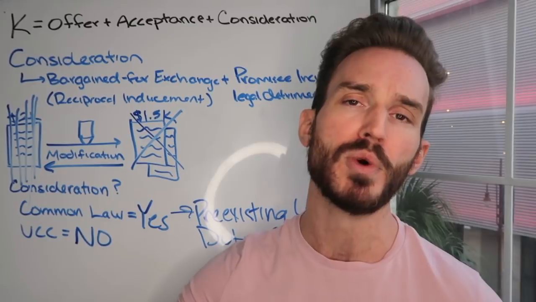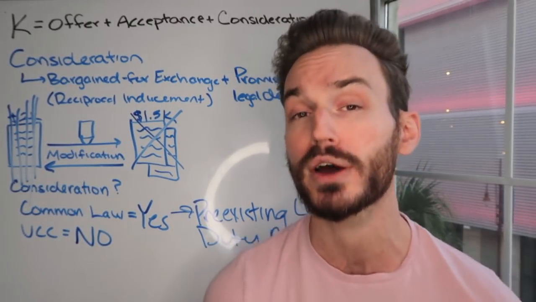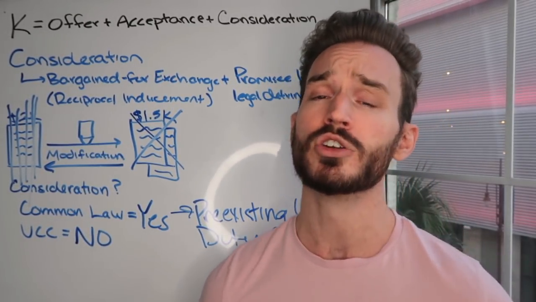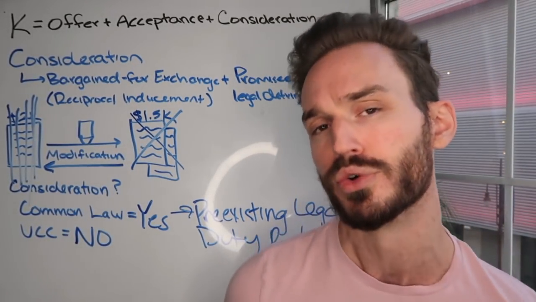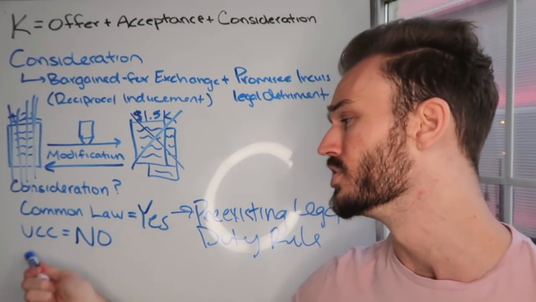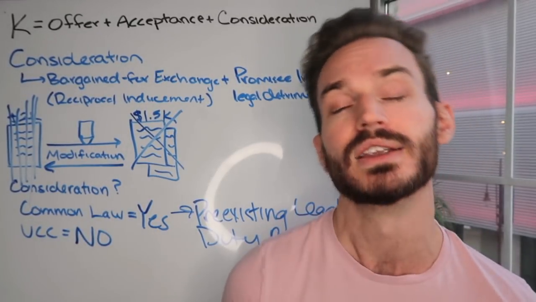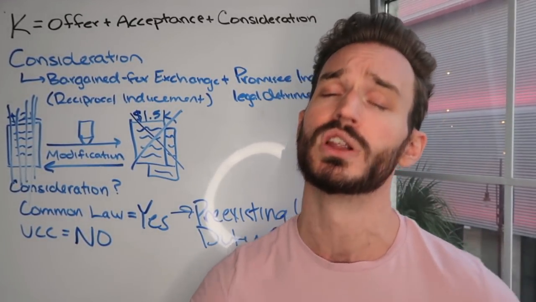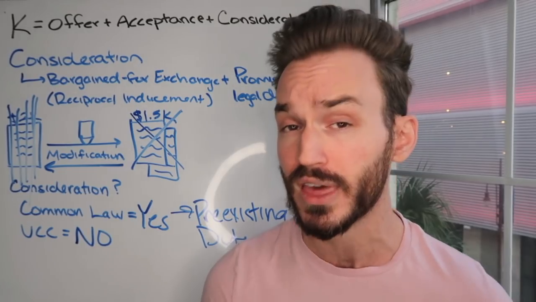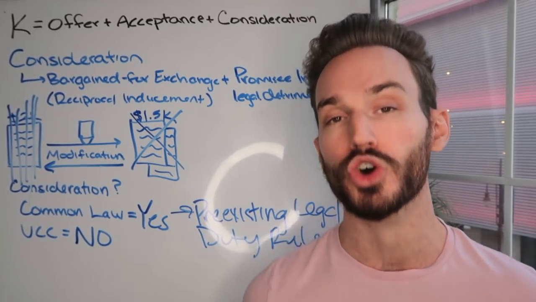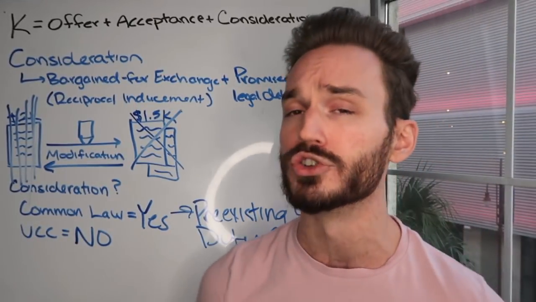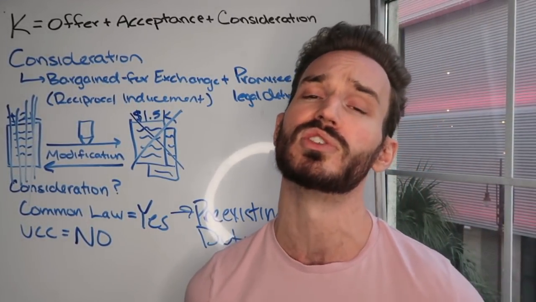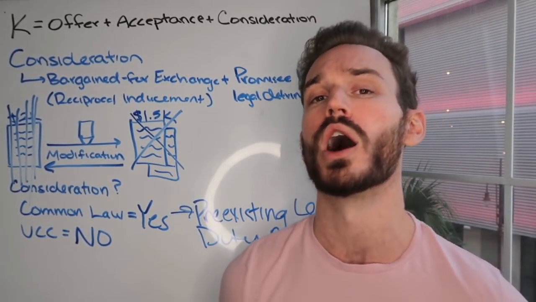I would love to help you out like this. That's going to be a good faith modification. And under the UCC, that's valid. We don't need additional consideration. The modification under the UCC does not need to be supported by consideration so long as the modification is entered into in good faith.